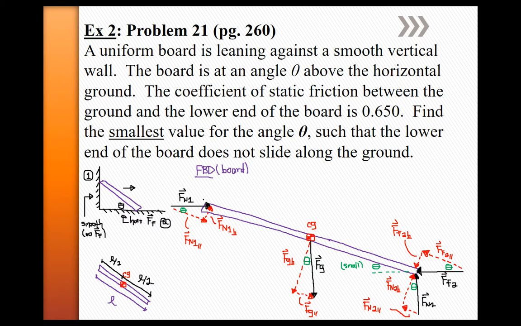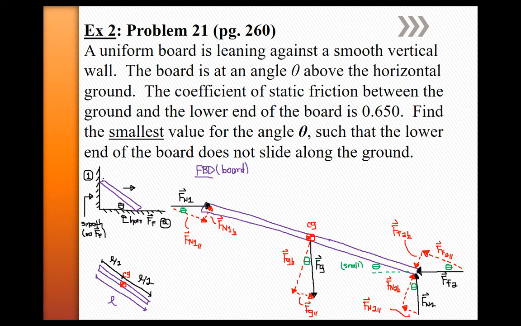If I sum the torque about the left end, that would just hide Fn1 because then Fn1 wouldn't have any lever arm. So we could ignore Fn1. If you go to the right end of the board and you sum the torque about this point, both Ff2 and Fn2 generate no torque because they have no lever arm. Well, I want to hide more forces. I want my equation to be more simple. So I'm actually going to sum torque about, maybe we should just label this.